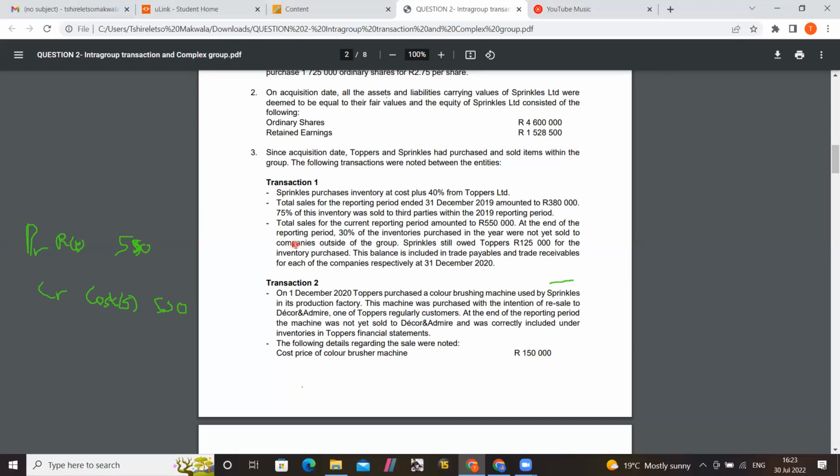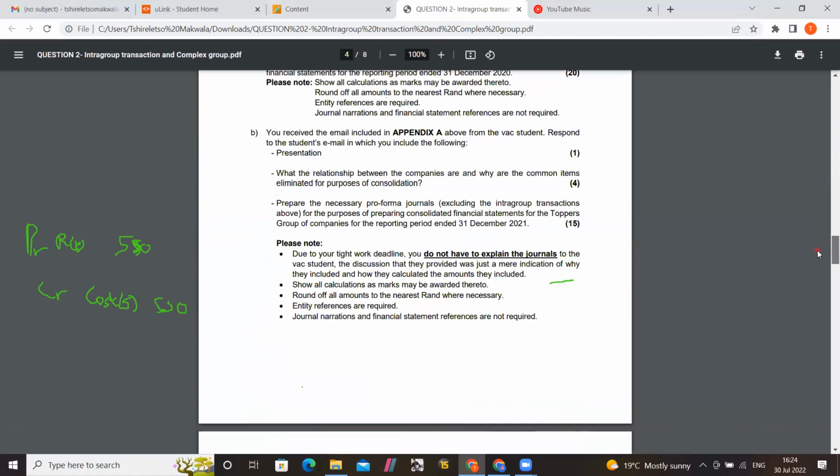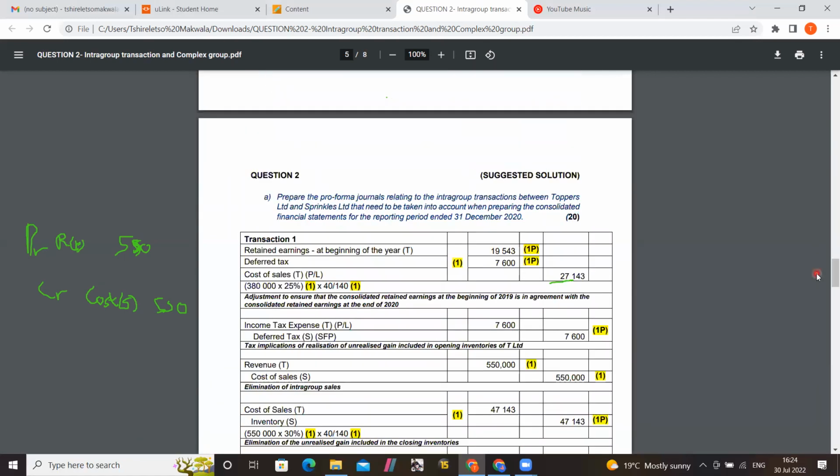Those two journal entries: debit retained earnings, and then do not forget that there's also deferred taxes. Do not forget deferred taxes on your profit or loss amount.